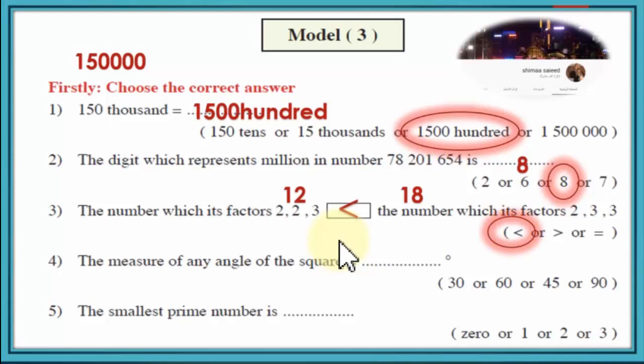The measure of any angle of the square equals 90 degrees. All the angles in the square equal 90 degrees. The smallest prime number is 2. And it's the only even prime number.